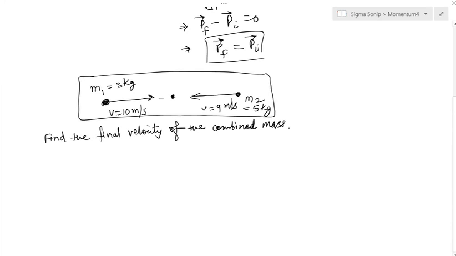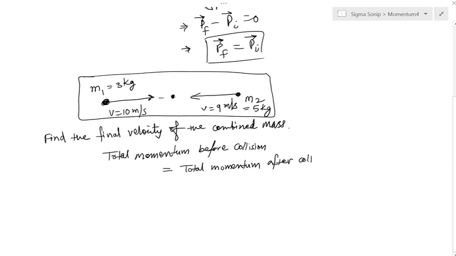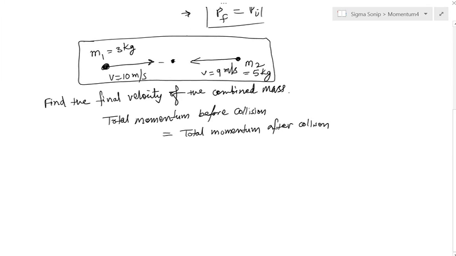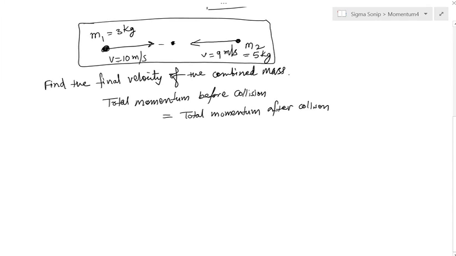Therefore, the total momentum before collision is equal to the total momentum after collision. All we need to do is calculate the total momentum before collision and make it equal to the total momentum after collision, and that would help us find the velocity of the combined mass.